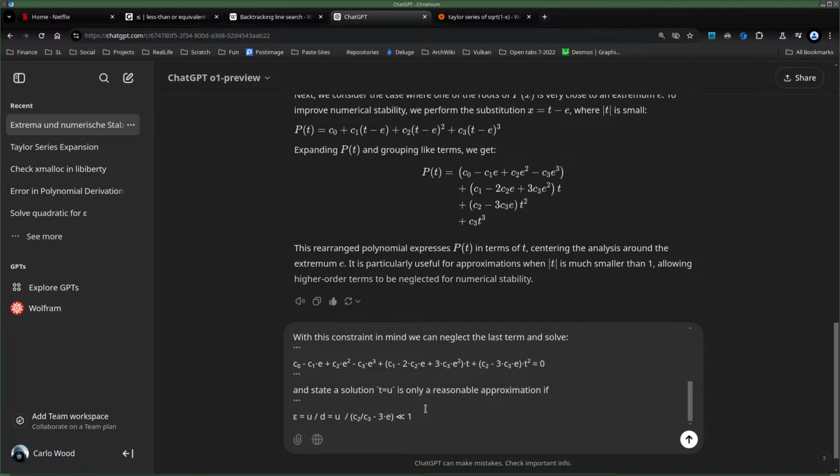Not so happy that I have to calculate U before I even know if it is usable.